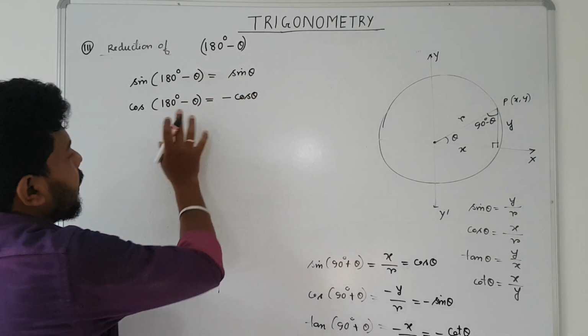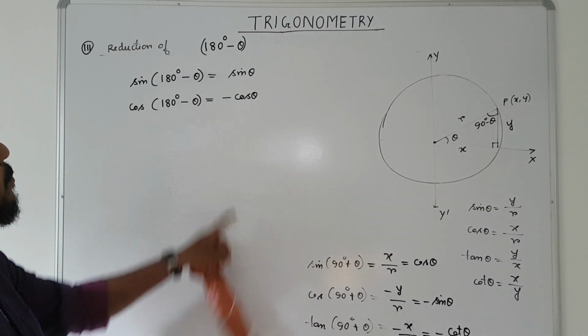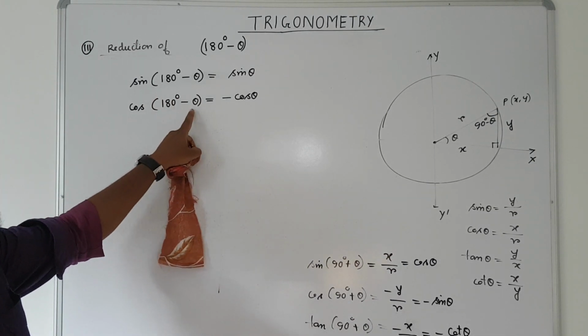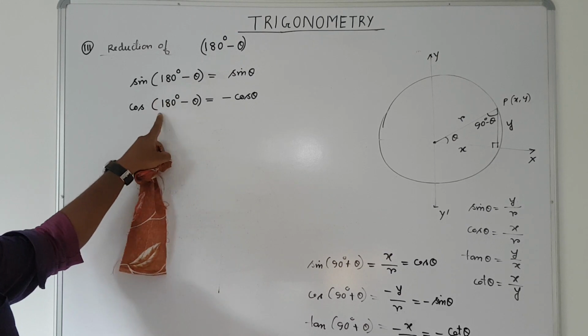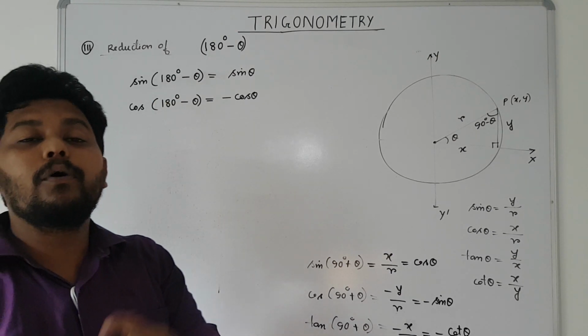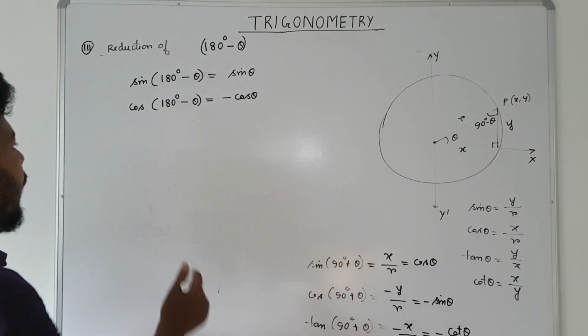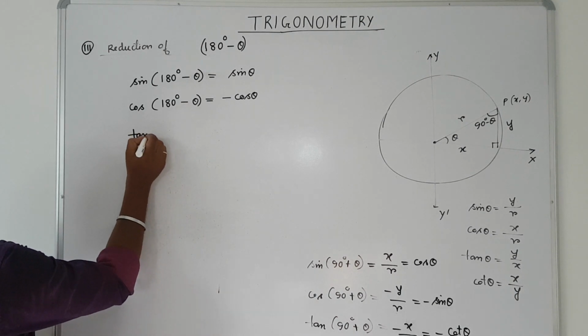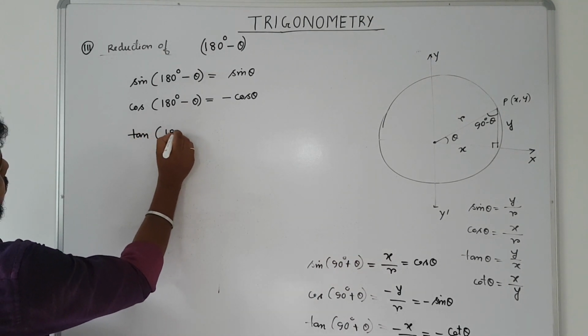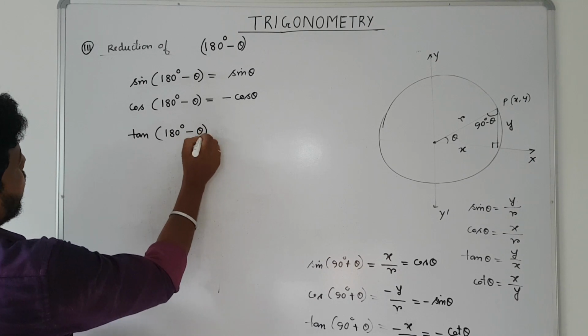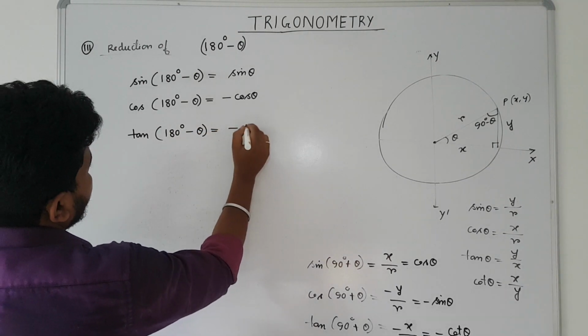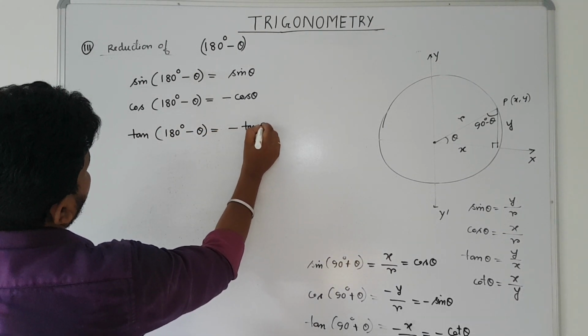See, in second quadrant cos is negative, so it is minus cos theta. When I subtract theta from 180 degree, it will be an obtuse angle in second quadrant. And tan of 180 degree minus theta is equal to minus tan theta.